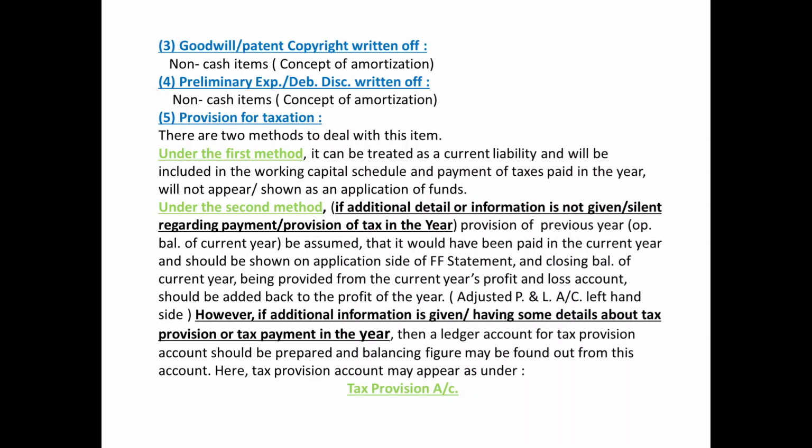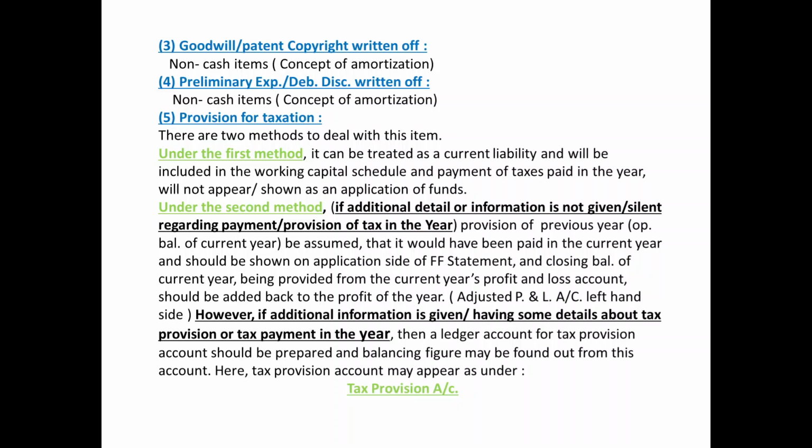So being a non-cash item, this one should also be added back in the current year's profit by giving the reverse impact. So we have to report it on the left hand side, on the debit side of adjusted profit and loss account. Adjusted profit and loss account, a simple rule.